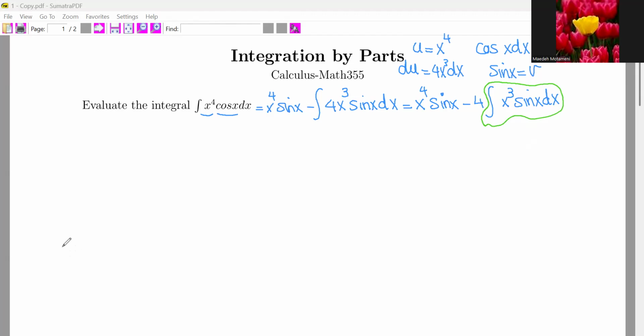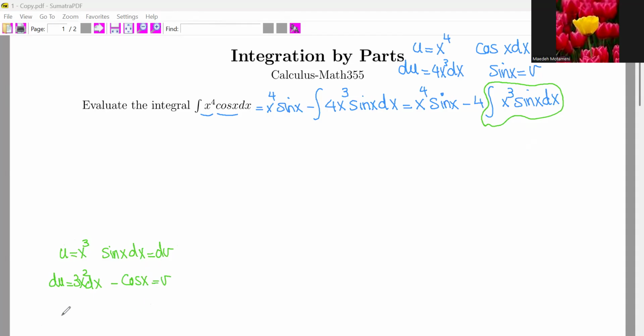So for the green part, we have x cubed, which is algebraic. That would be u. And we have sine of x, that would be trig, which is dv here. So du equals 3x squared dx. And taking the integral of sine, that would be cosine of x, but negative, equals v.